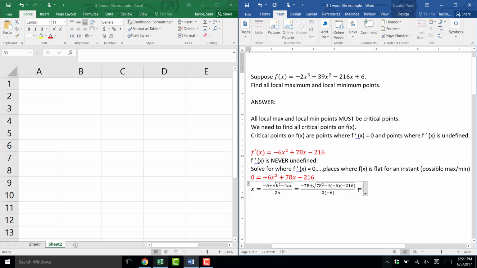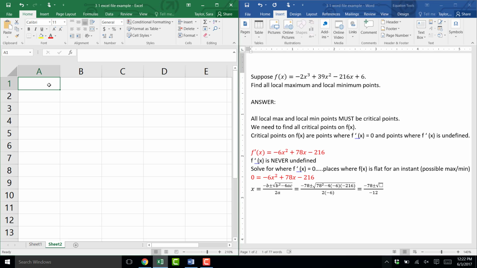So recopying here, negative 78 here. And the bottom, 2 times negative 6, is really just negative 12. And what I'm going to do is use Excel to help me calculate this number, 78 squared minus 4 times negative 6 times negative 216, the number underneath the radical.